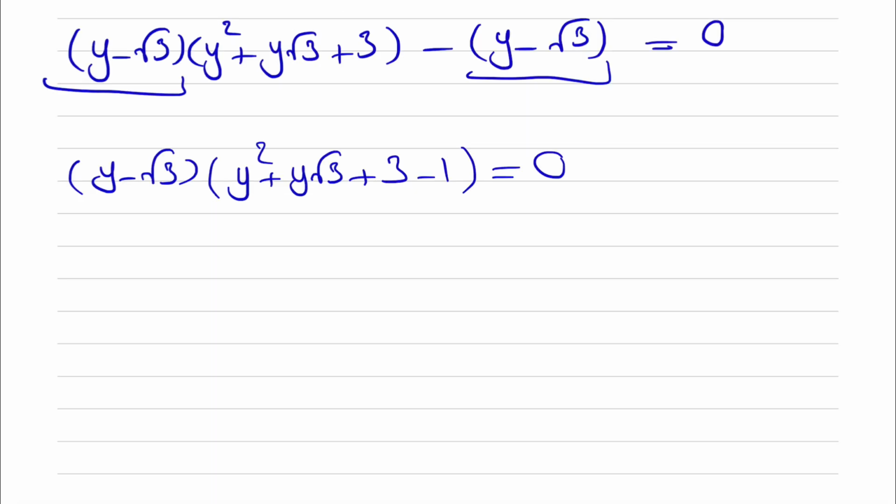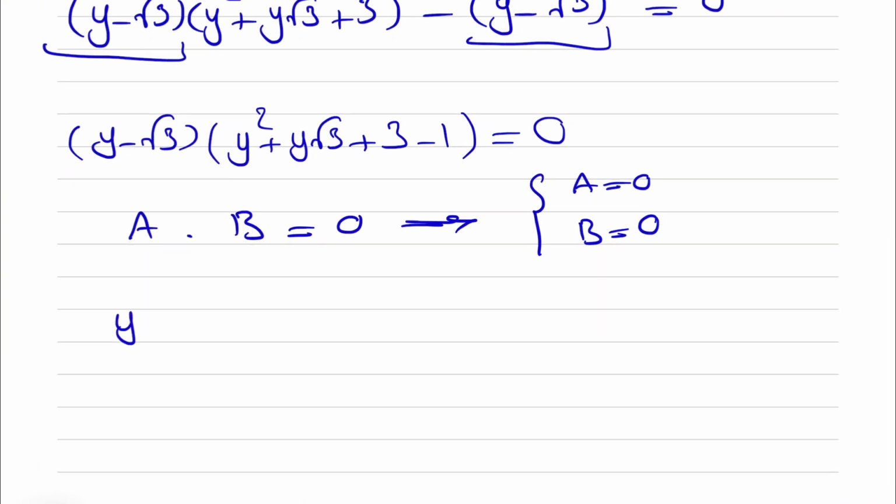Now we got to our point where we have a times b is equal to 0. That means a can be 0 and b can be 0 as well. So our a is y minus square root of 3 is equal to 0, meaning our y is the square root of 3. And if that's the case, 3 to the x is equal to square root of 3.